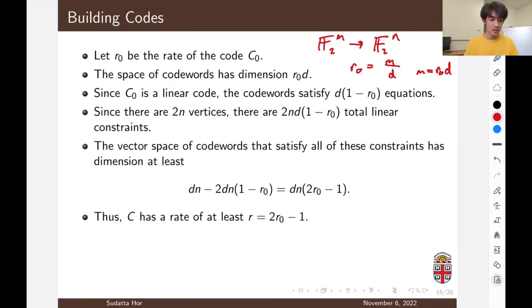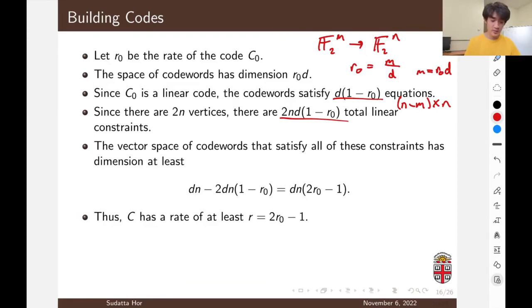because if we have 2 to the R naught d possible messages, then there are 2 to the R naught d code words. Since C naught is a linear code, we have the matrix M that is, remember, an (n minus m) by n matrix. And this basically tells us how many constraints we have. And then if we expand it to the bigger graph, we just multiply by 2n. So we have this many total linear constraints.